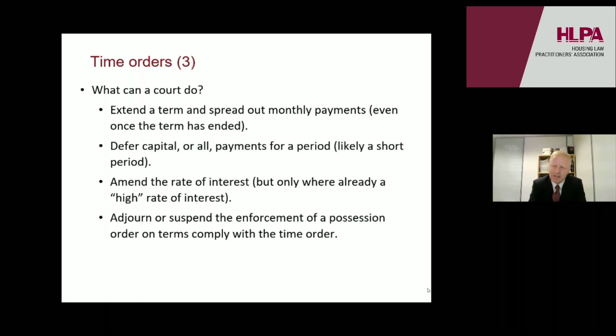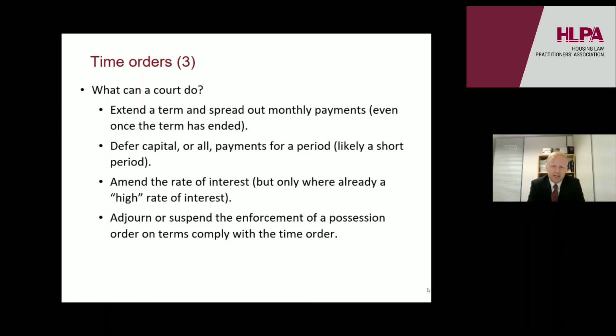But the best example might be where a mortgage has been taken out, probably by someone who's relatively young, and at the time they took the mortgage out, they were earning a certain amount of money, and they've since got a different job which pays them slightly less, which means that whilst they're good for the money in the long run, they just can't afford the current monthly instalments. They need to pay less.